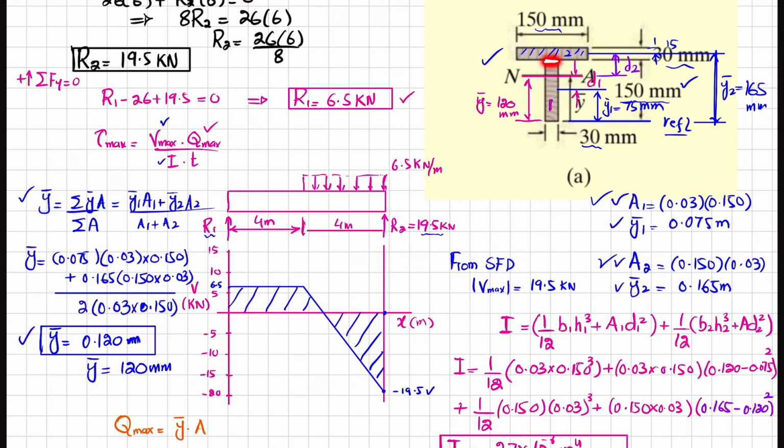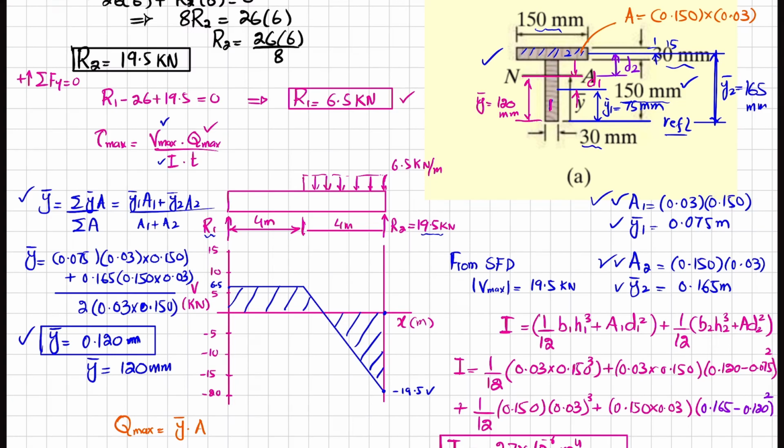Okay, so this will be your area where you are finding the Q max at this region. So this will be the area A, and this area is 0.150 multiplied by the thickness, which is 0.03. And what will be y dash?